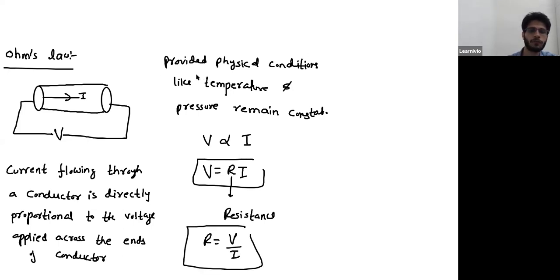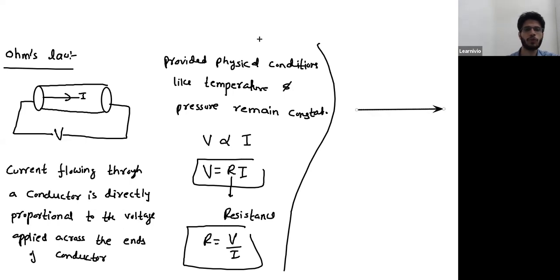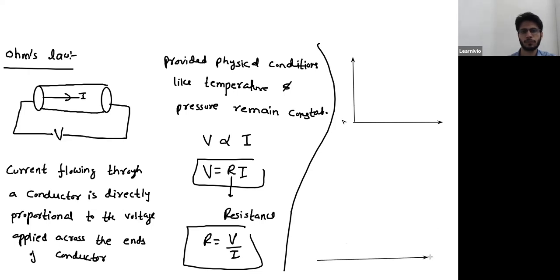So if I draw a graph between V and I, we'll draw two graphs. This is voltage, this is current.